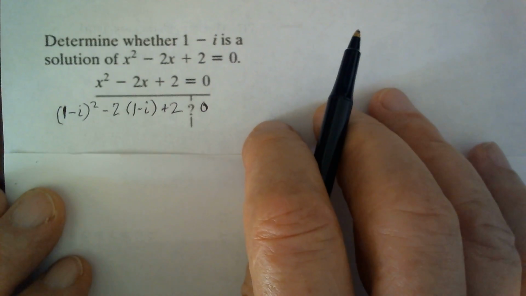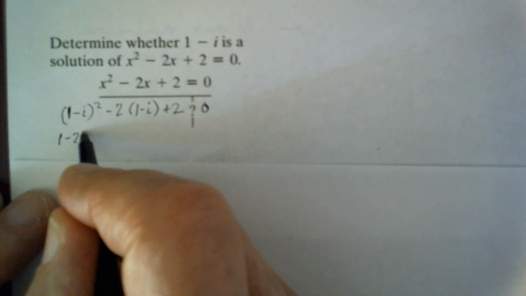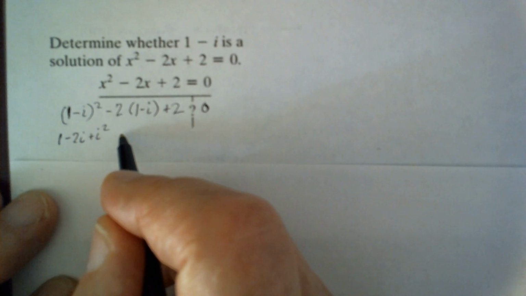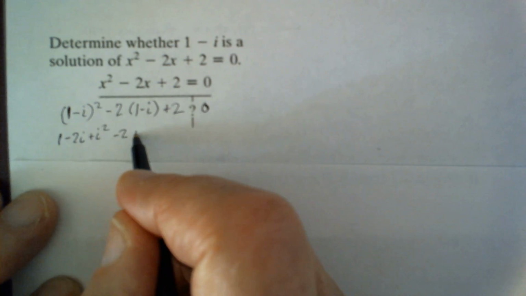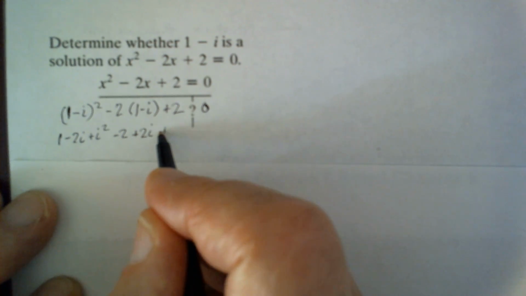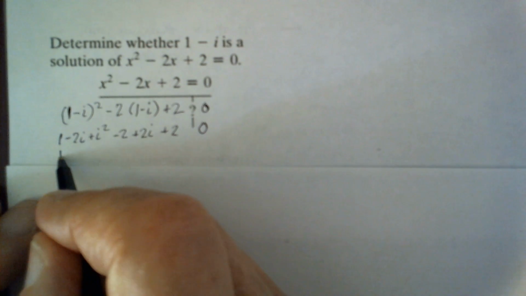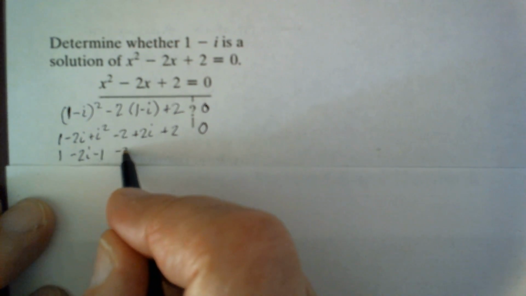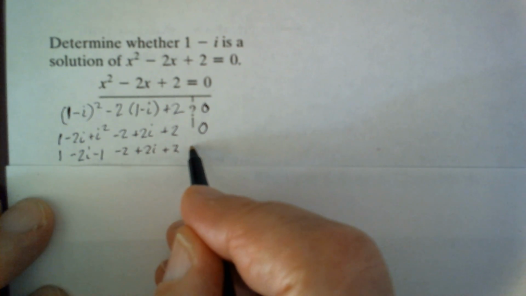So 1 minus i squared would be 1 squared, or 1 minus 2i plus i squared. And minus 2 times 1 is minus 2. And minus 2 times minus i is plus 2i. Plus 2, is that equal to 0? Well, 1 minus 2i, and i squared is negative 1, minus 2 plus 2i plus 2, is that equal to 0?